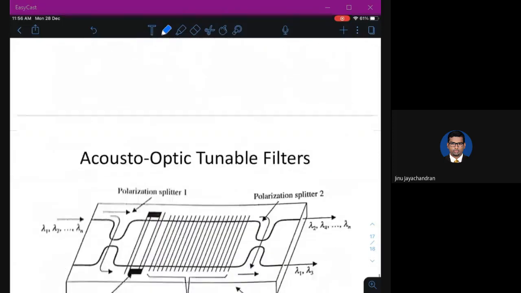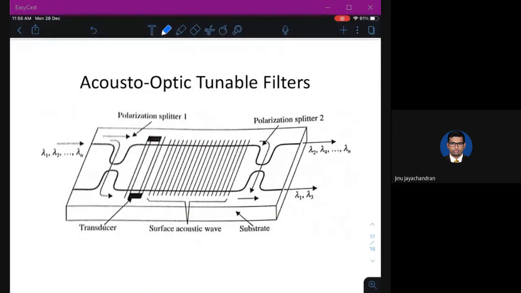To get a 3D picture, it is something like this. You have all the lambdas coming here. There is a transducer here, and there is a surface acoustic wave. The acoustic wave will be supplied through this material, and there will be a change in refractive index while the light propagates.